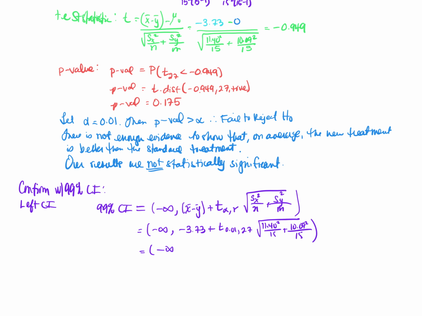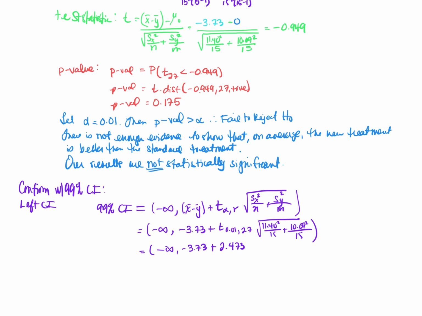So we end up with negative infinity, and it's going to go to negative 3.73 plus, and hopefully what you found for t sub 0.01 comma 27, so an area of 0.01 under our curve and degrees of freedom of 27. Hopefully you found 2.473, and hopefully you used T.INV for that one.